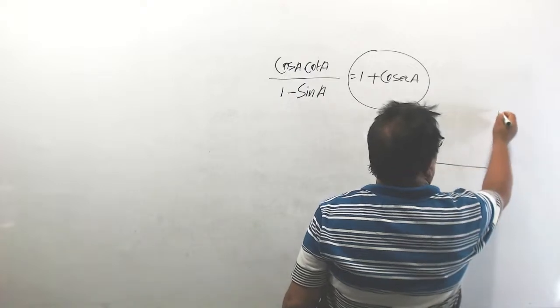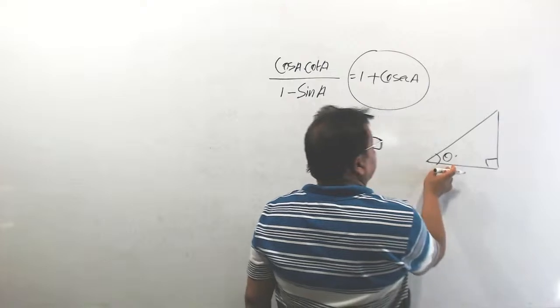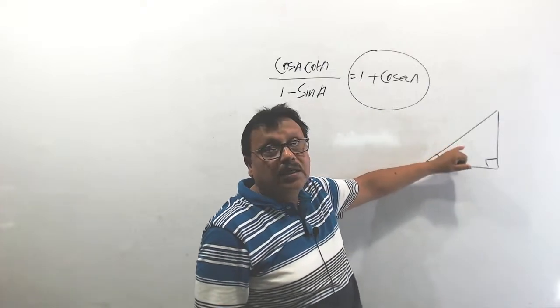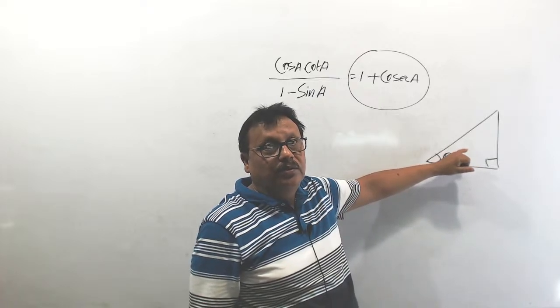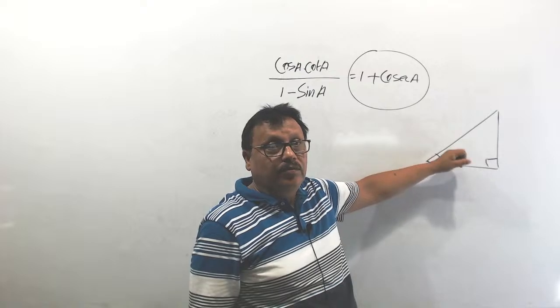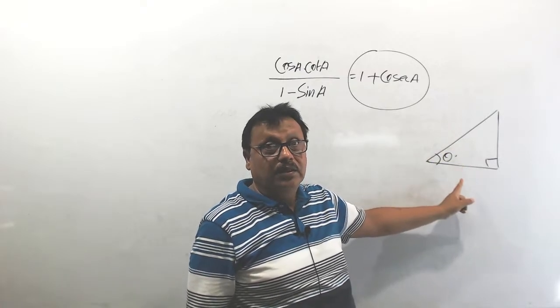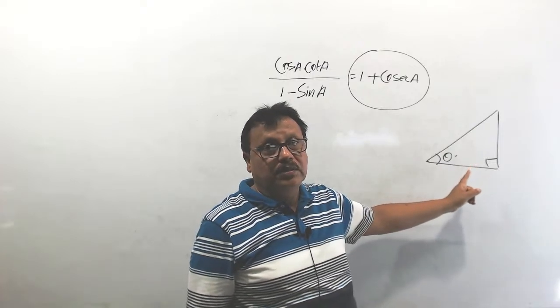Theta is an acute angle, that is, it is less than 90 and greater than 0. For this case, sin square theta plus cos square theta equals 1. But there are more properties for this.